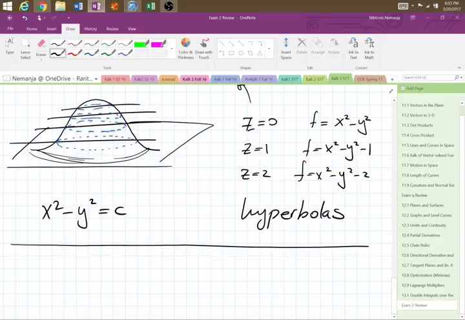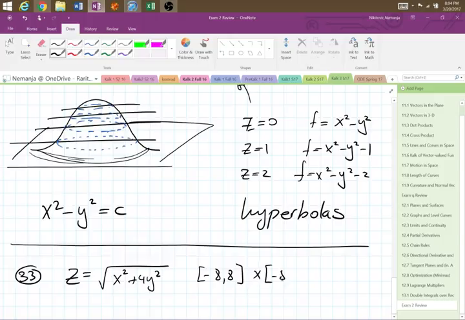Can we do 33 or something like that? 33. Z equals the square root of x squared plus 4y squared on negative 8 to 8 by negative 8 to 8.